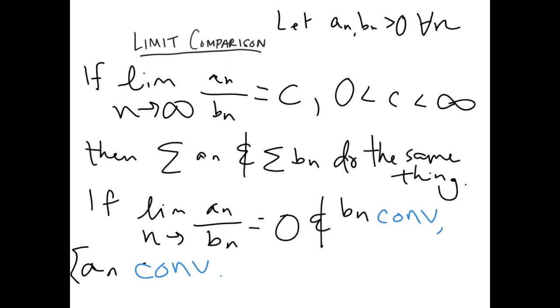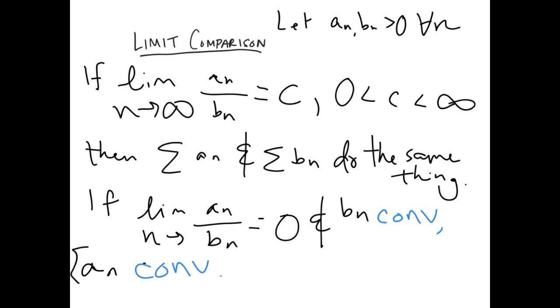Super nifty. If we think about this logically, we can say, hey, bn is converging and it's bigger than an, and that's what's driving this limit to 0. So if it's bigger and converging, that does the same thing as we saw in our direct comparison.